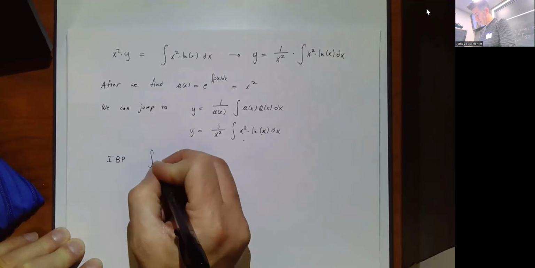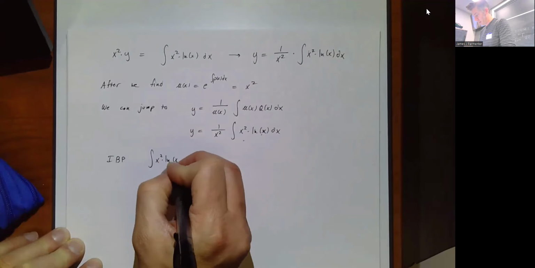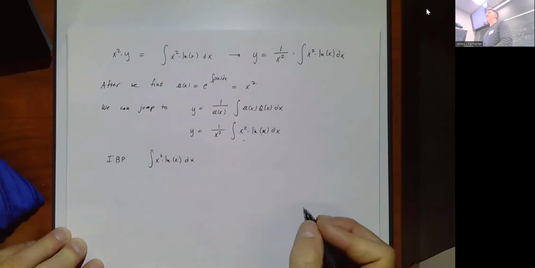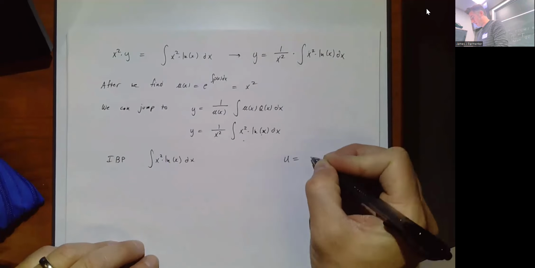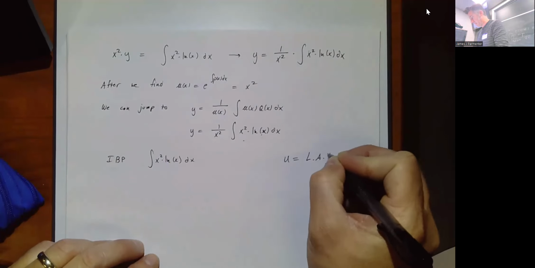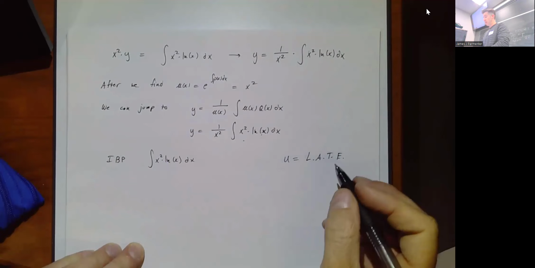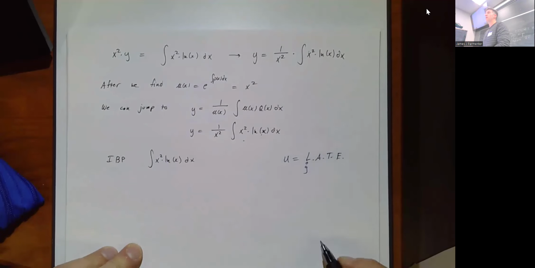So for the integral of x squared times the natural log of x, this is the one I feel like always throws people off. What's my choice for u? Is it x squared or is it the natural log of x? It is the natural log of x. There are two ways to remember it. You can say we pick u based on the acronym LATE, and we definitely have a logarithm.